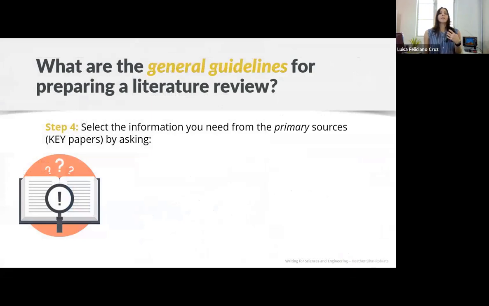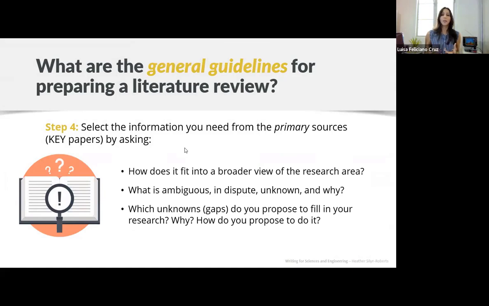So step 4. Once you've located your sources, what's the next step? Then you should know what information you need to get from these primary sources. And you can do that by asking yourself several questions. How does this article fit into a broader view of the research area? How does it contribute to the research area?